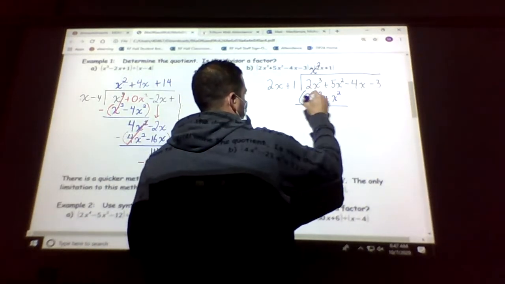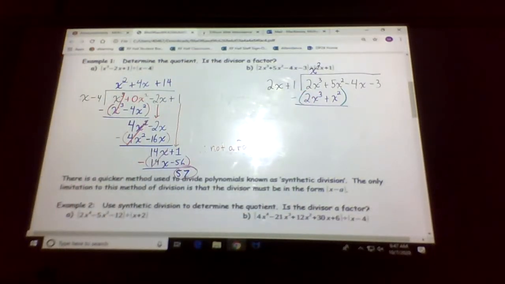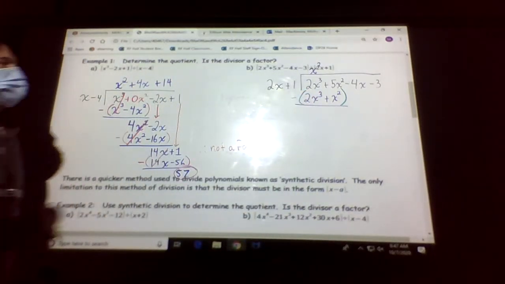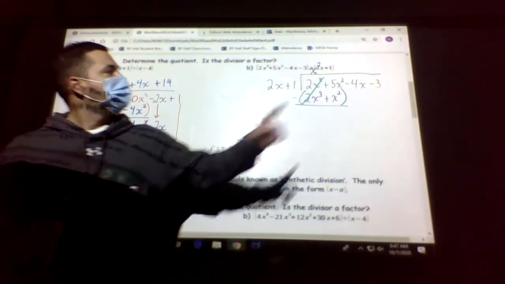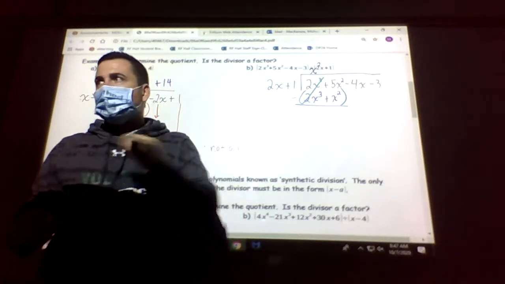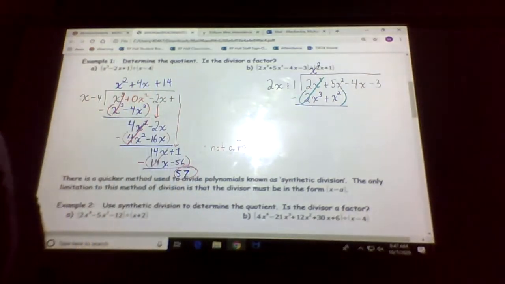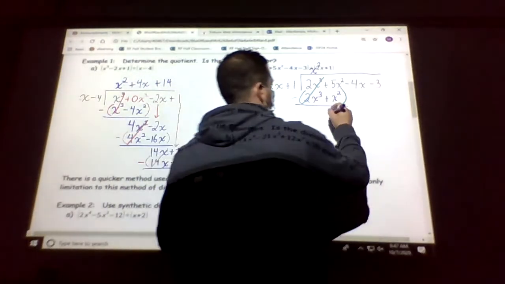So we multiply. Now we subtract. Your 2x cubes cross off. 5x squared minus 1x squared is? 4x squared, good.